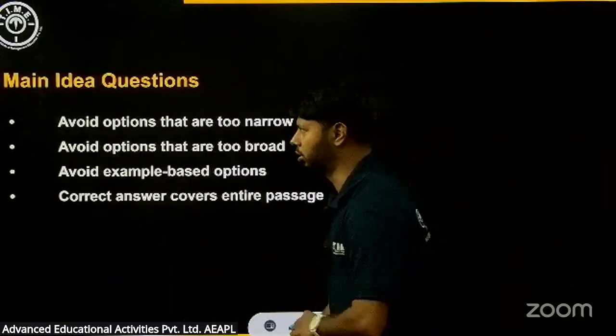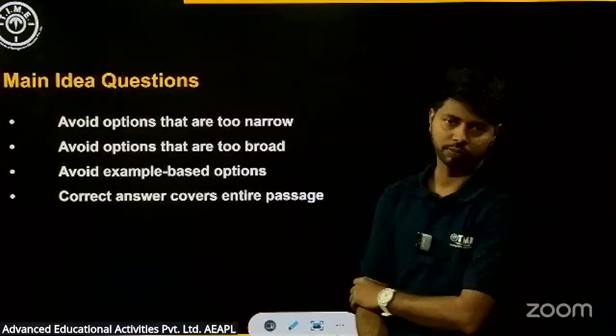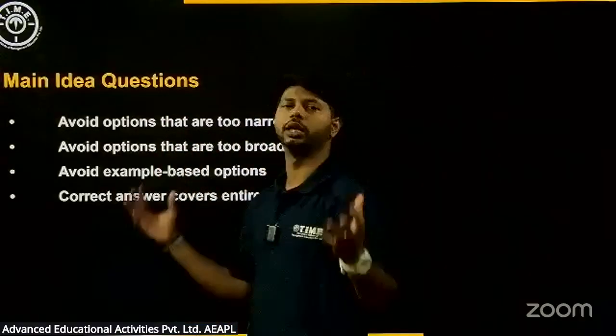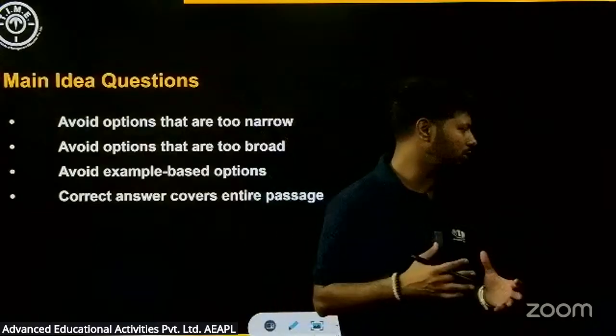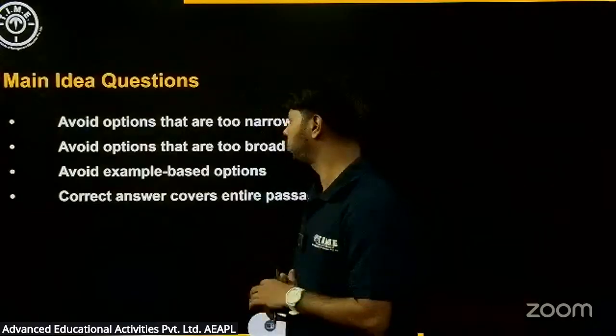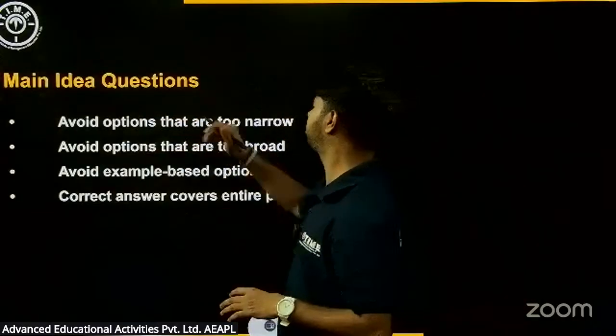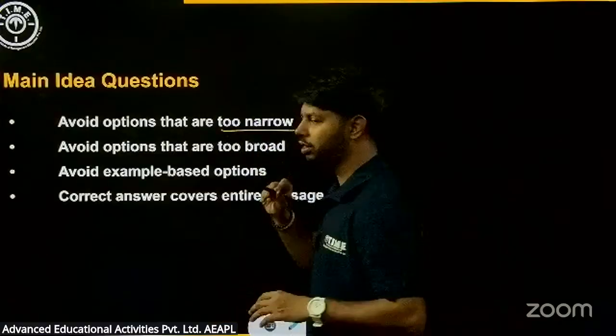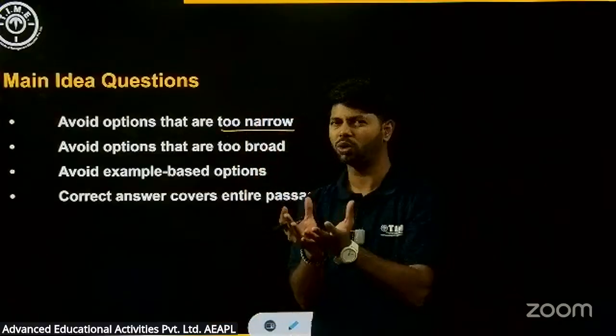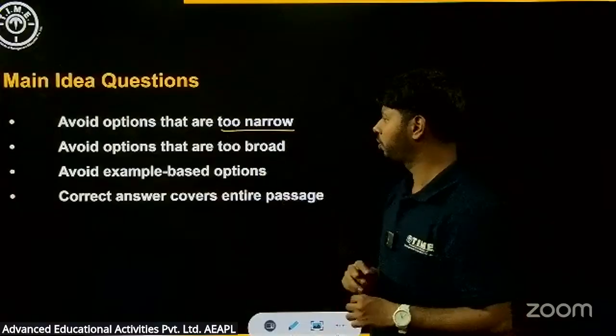Main idea questions. Avoid options that are too narrow. Main idea questions are broadly, what is the RC talking about? That is the goal. That is what we need to answer. Avoid options that are too narrow. Anything that doesn't really cover the whole thing, you need to get rid of.